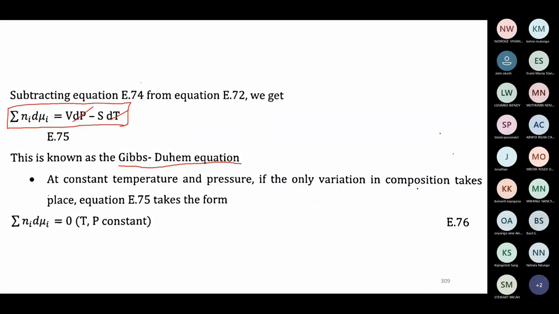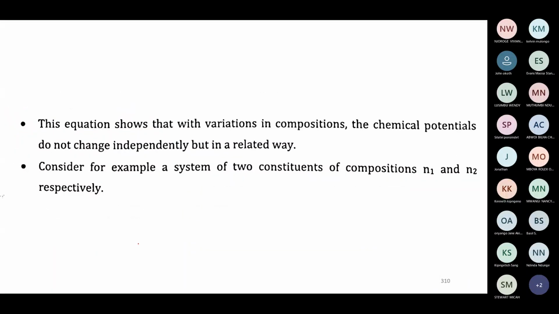So essentially we are equating the sum of n_i d mu_i to 0 at constant temperature and pressure. This equation shows that with variations in composition, the chemical potentials do not change independently, but in a related way.